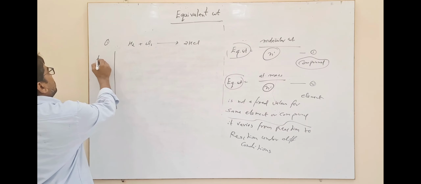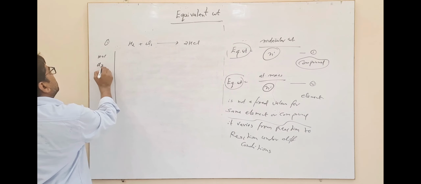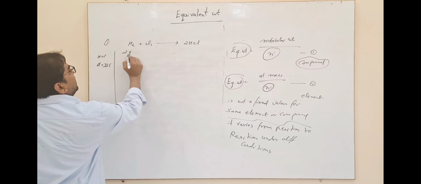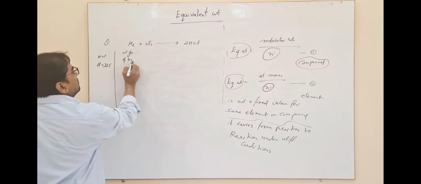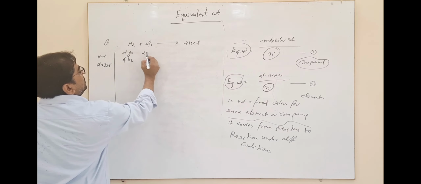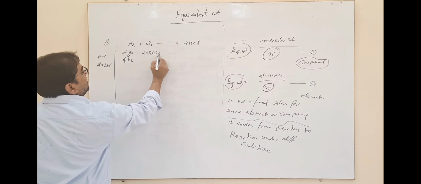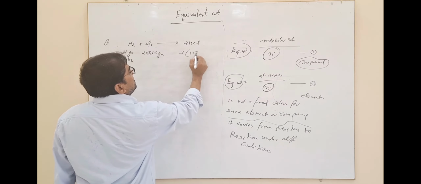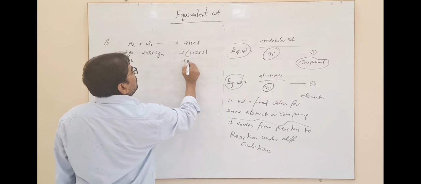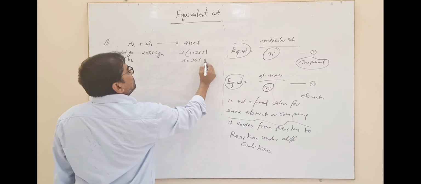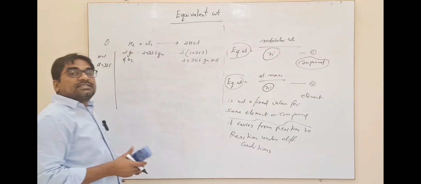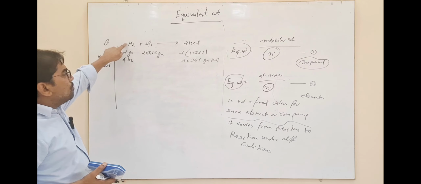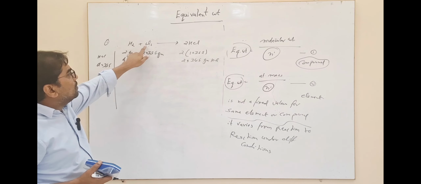Since we know hydrogen atomic mass 1, chlorine 35.5, putting these values here, 2 gram of hydrogen reacts with 2 into 35.5 gram of chlorine and results in 2 into 1 plus 35.5, that is 2 multiplied by 36.5 gram of acid.